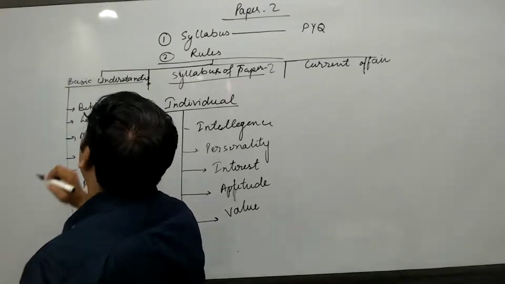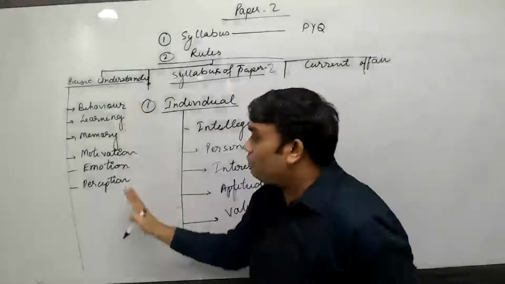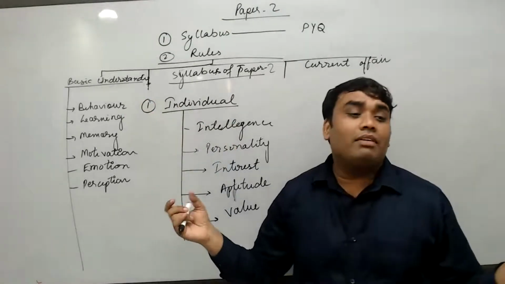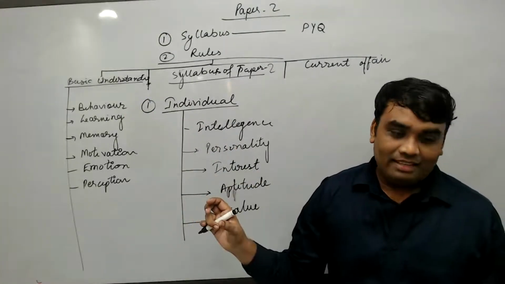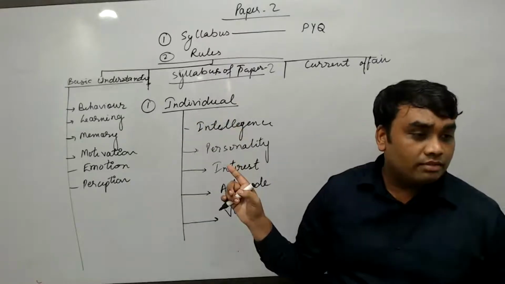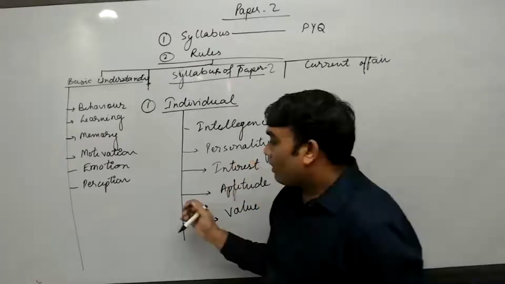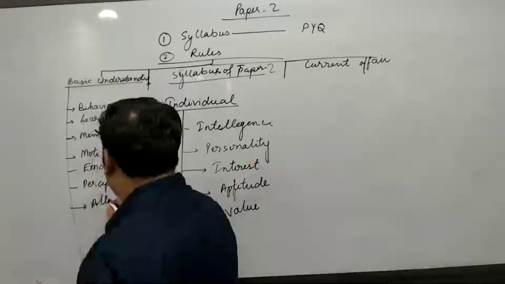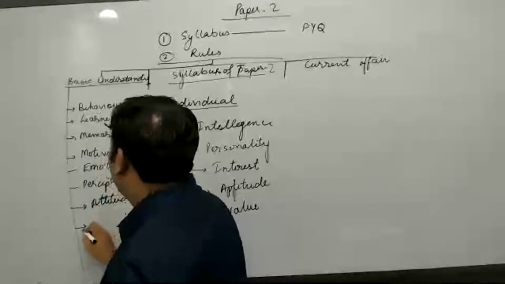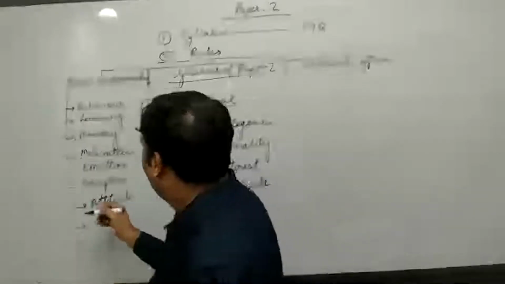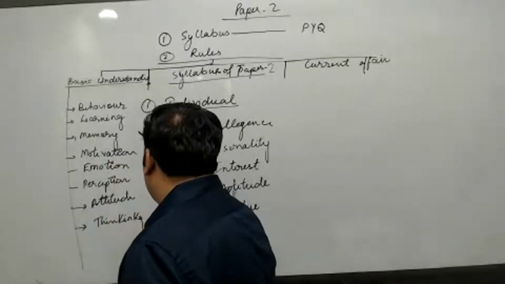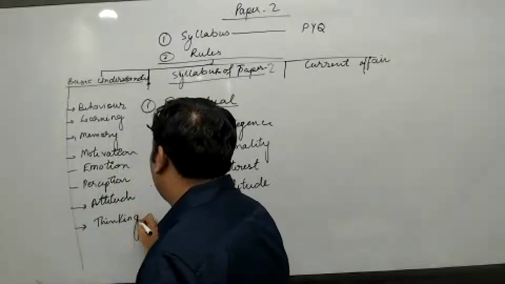All these are the names of chapters, but these are the basic vocabulary of psychology. On the basis of the basic vocabulary of psychology, we can create differences. Others are attitudes and thinking. So we can create our differences on several bases.